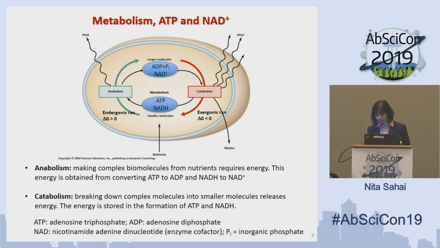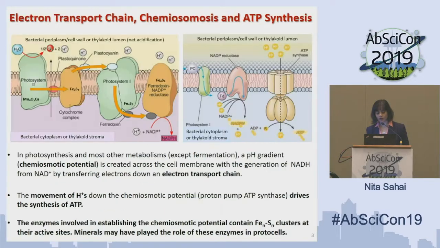So how is this ATP synthesized? ATP is a very key molecule for all metabolism, and so are these so-called cofactors such as NAD. There are various ways of synthesizing ATP, depending on the metabolism of the organism.